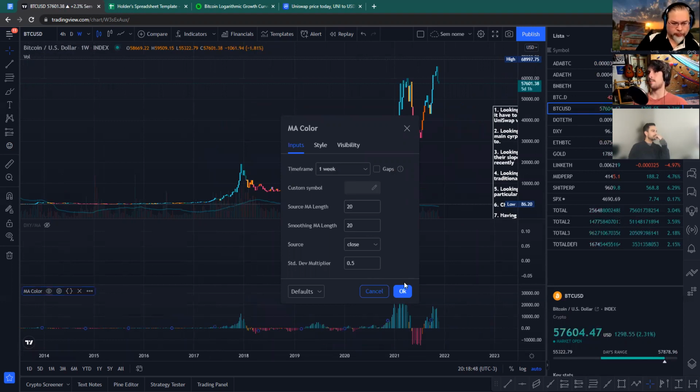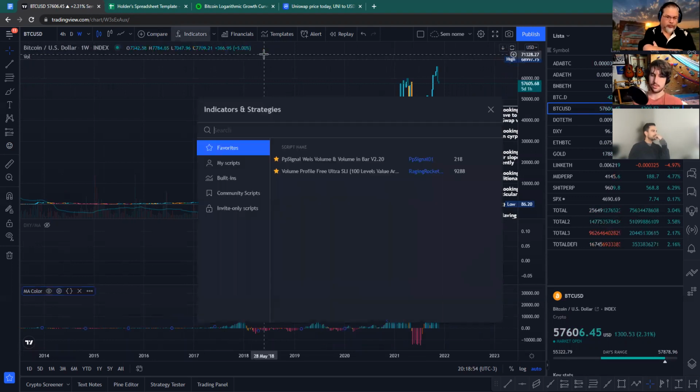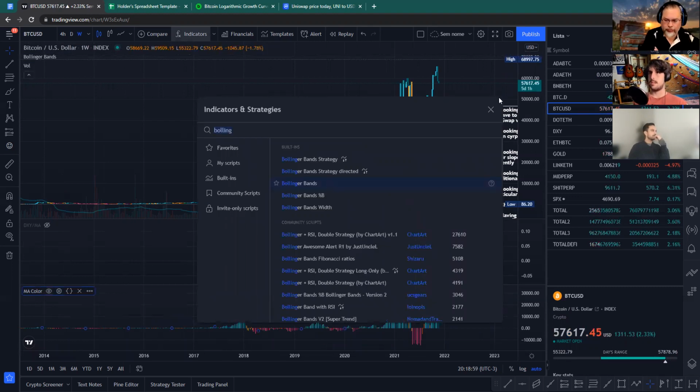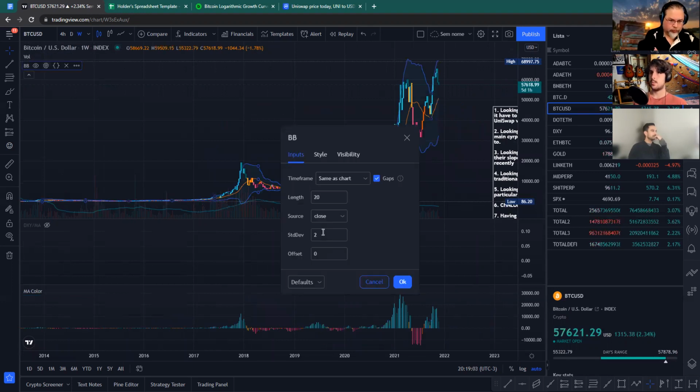And I have a tolerance of half a standard deviation. Now let's see what that actually means. So what I'm actually doing, in this specific case, is using the Bollinger Bands, but with this standard deviation multiplier right here set to 0.5.